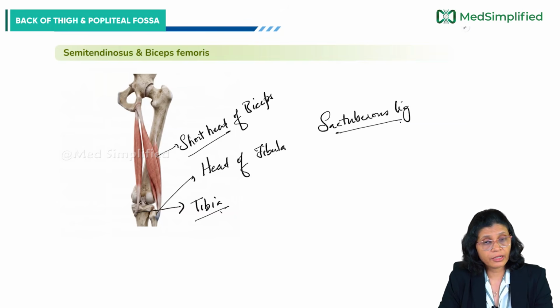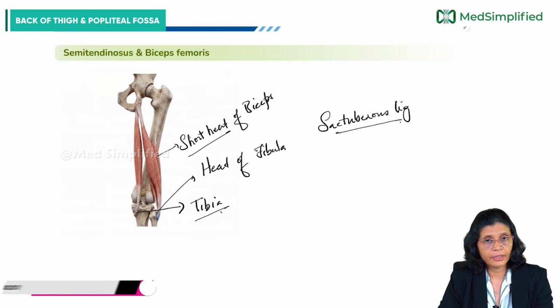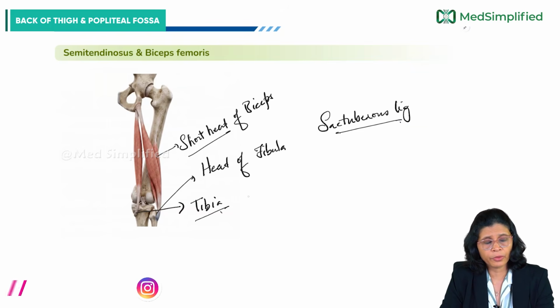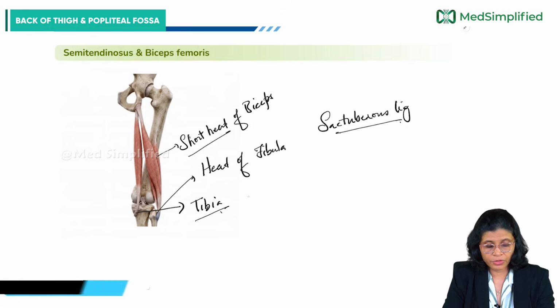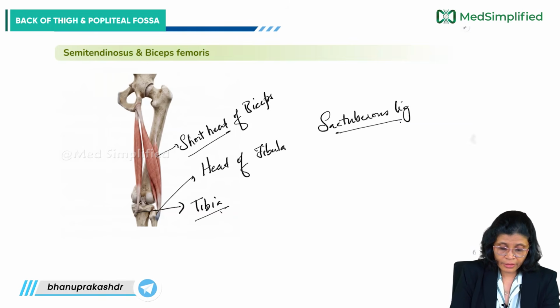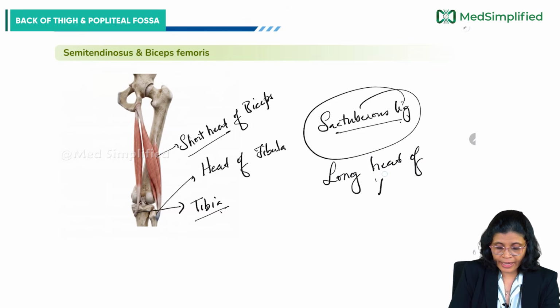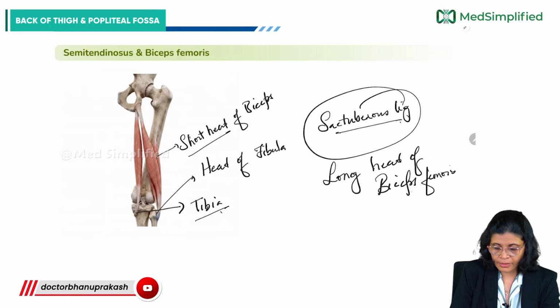So the original origin goes back to the sacrum. Since it originates from the sacrum, we consider it a modified hamstring. Evolutionarily, as man changed from quadruped to biped, the position shifted to the ischial tuberosity. So that is why the long head of biceps is not a true hamstring, because the sacrotuberous ligament is considered the original origin of the long head of biceps femoris.